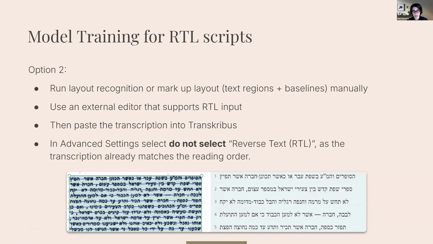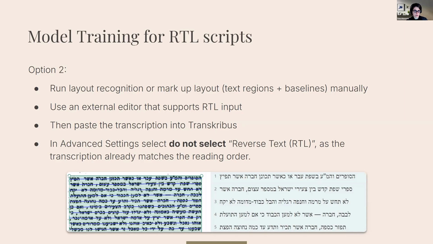So we don't need to select the reverse text flag, because the text is right to left, both in the text editor and in the image. And if you train your model in this way, the output will be right to left. So there are the two main options, and it depends how you prefer to work and what you prefer to have as an output.